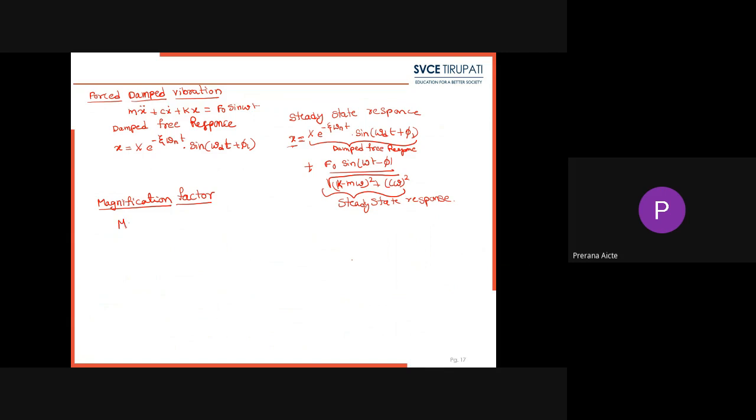And the expression for the magnification factor can be given as 1 by root of 1 minus omega by omega n whole square, and then again whole square, plus 2 damping factor multiplied with omega by omega n whole square.